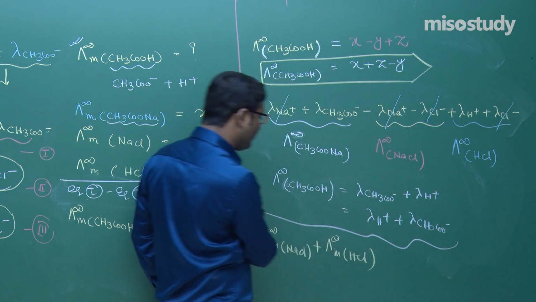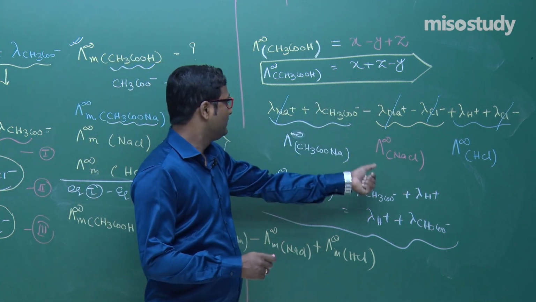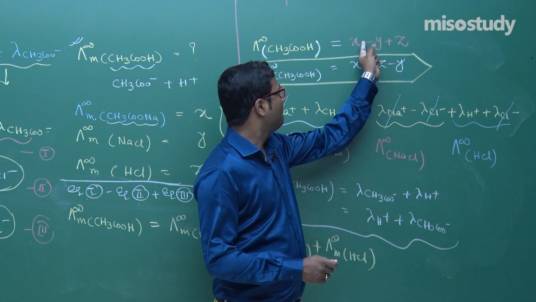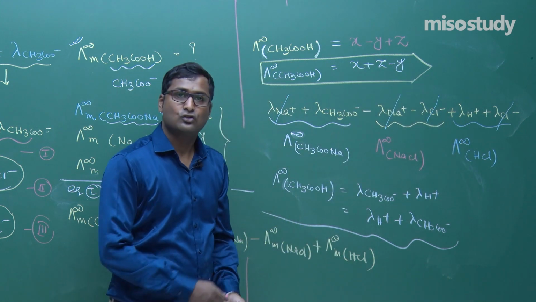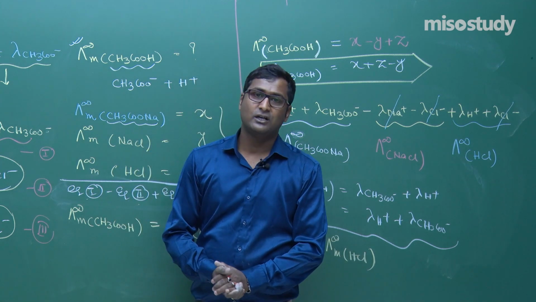I have done the complete verification. So X plus Z minus Y. This is the case. So you can easily solve such kinds of questions if you have a command over the theory.